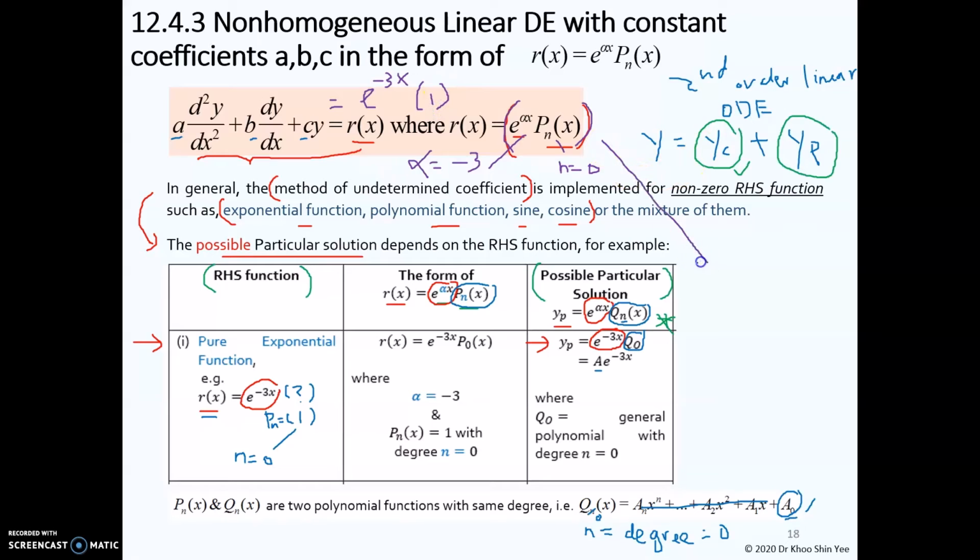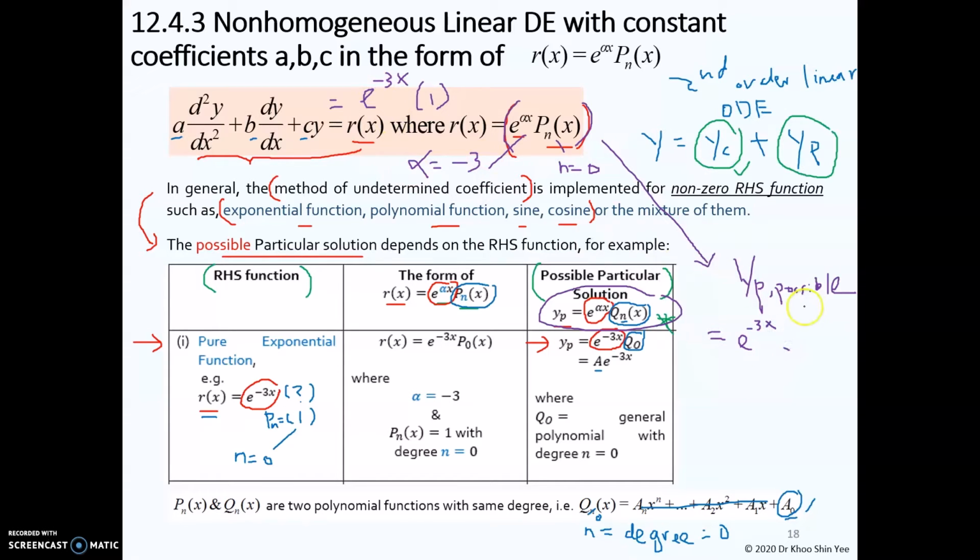So from here you can propose your possible particular solution to be this format. Since your alpha is equal to negative 3, substitute inside, you obtain exponential negative 3x. So you can see the exponential part remains.